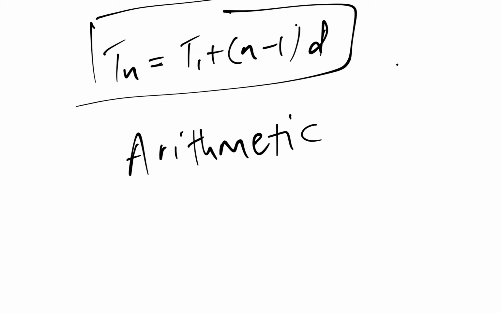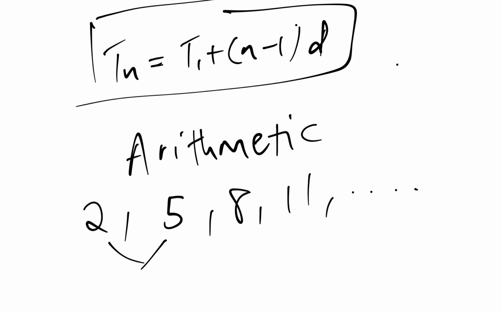So we said if we're given a sequence like this one, where the difference between the consecutive terms is constant, that sequence is called an arithmetic sequence.